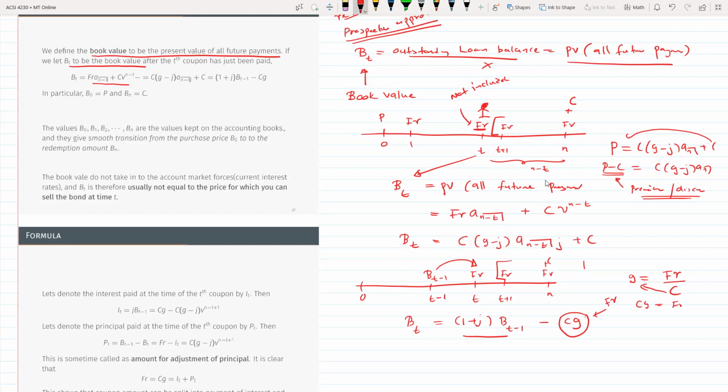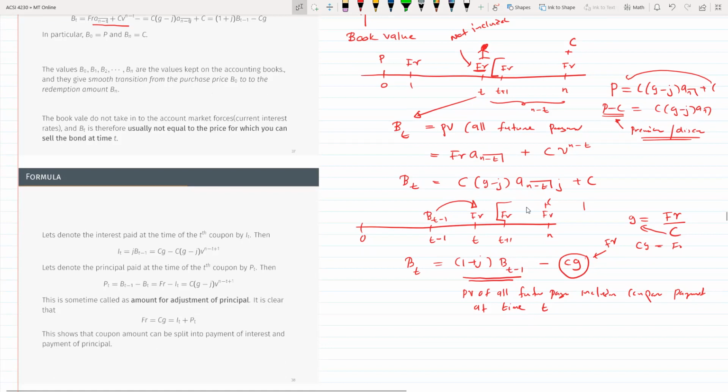So this is basically the present value of all future payments, including the coupon payment at time t.